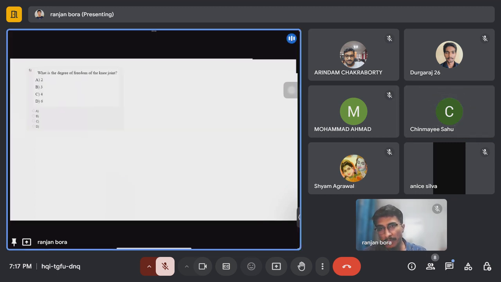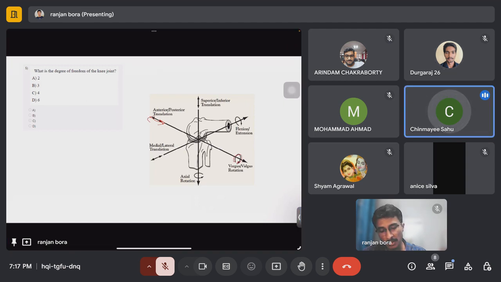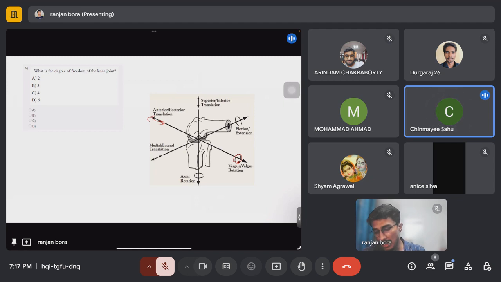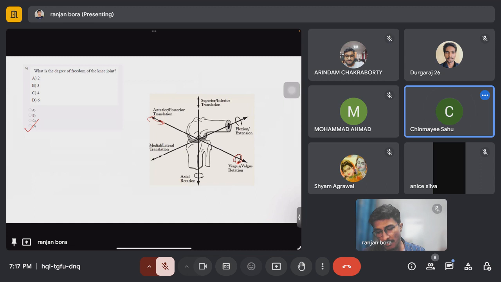Degree of freedom of the knee joint: in our last class we discussed this. The knee joint can have the translation movement along an axis, and it can also have the rotation movement. Similarly, it has 3 axes. That's why it has 6 degrees of freedom.